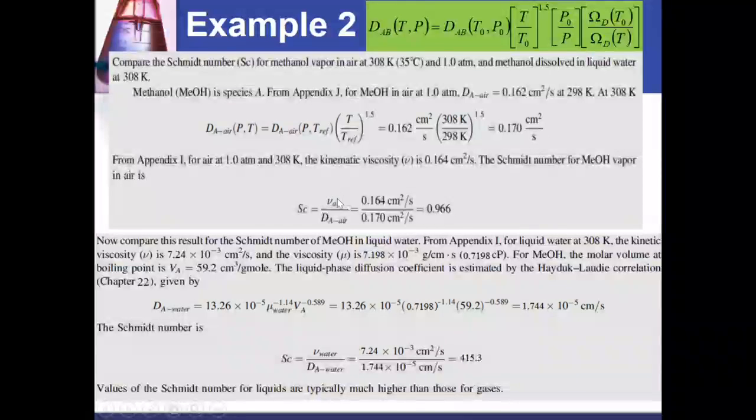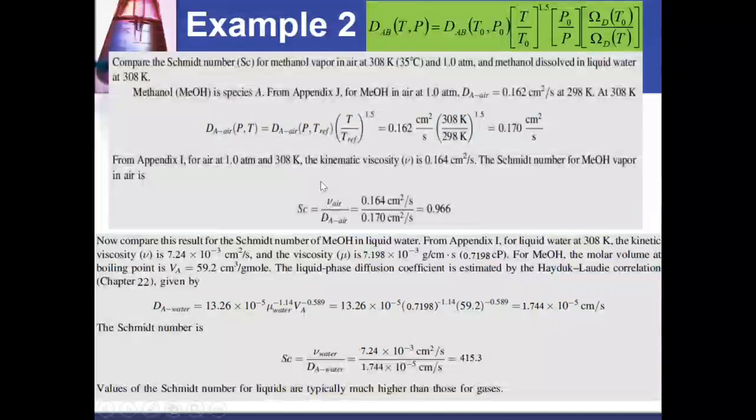And the kinematic viscosity of air from appendix I, at the same pressure and temperature, 1 atmosphere and 308 Kelvin, is 0.164 centimeters squared per second.